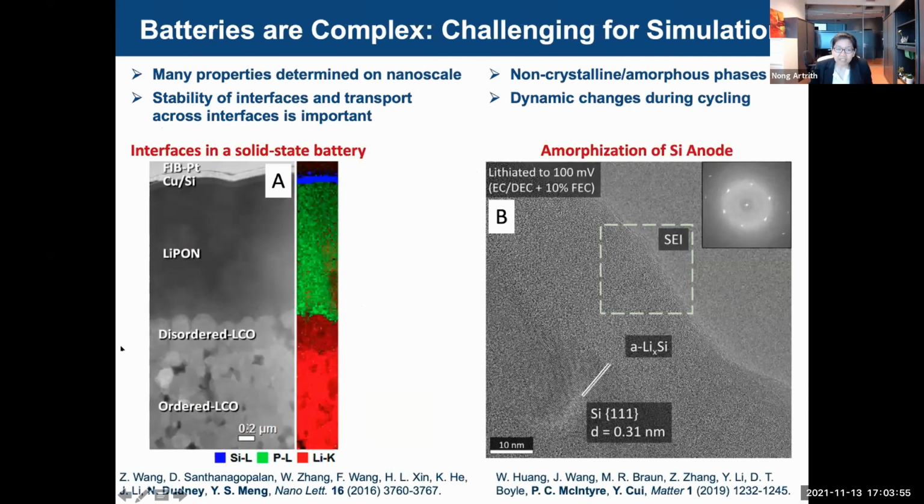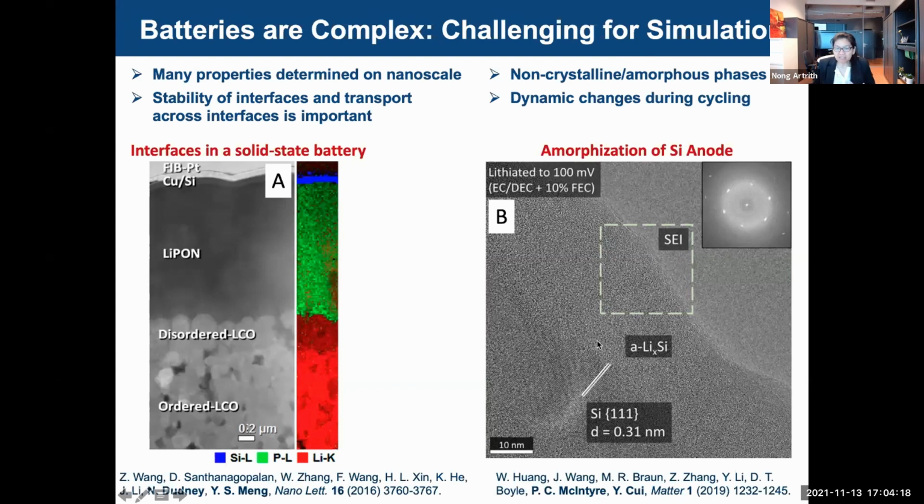This is the cathode, the ordered lithium cobalt oxide, and near the interface, the disordered lithium cobalt oxide. And the electrolyte, this is the LiPON, and also the anode here. On the other side is a silicon anode. You can see that after battery cycling, there are amorphous structures.